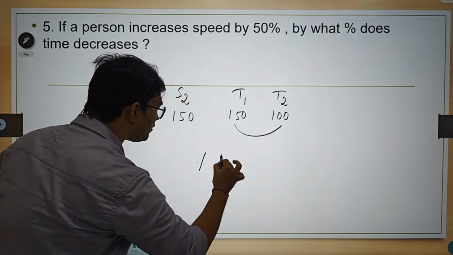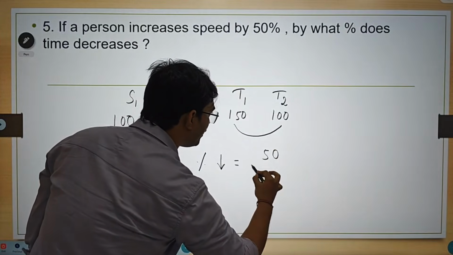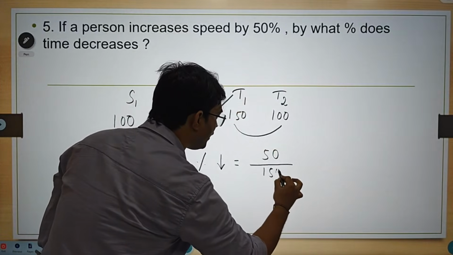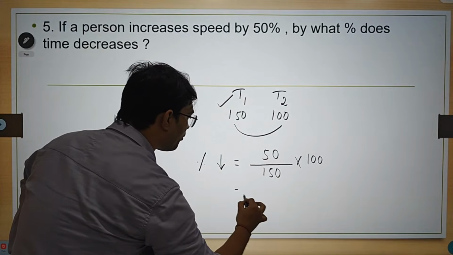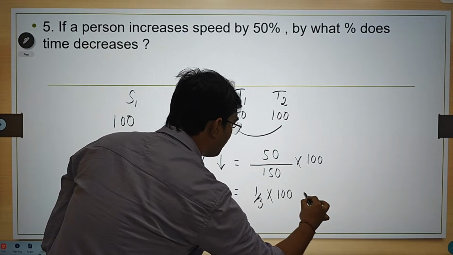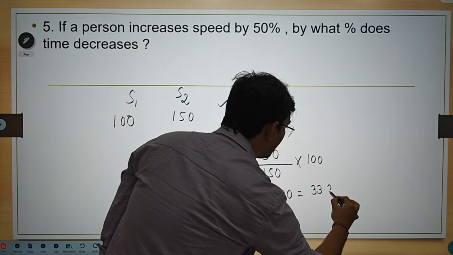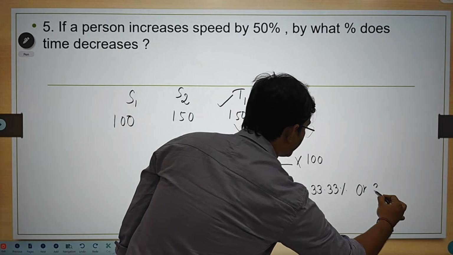So percentage decrease will be equal to 50 divided by the initial time, which is 150, into 100. That is 1 by 3 into 100. 1 by 3 in the form of percentages is 33.33% or 33 1 by 3%, whatever answers are given in the options.